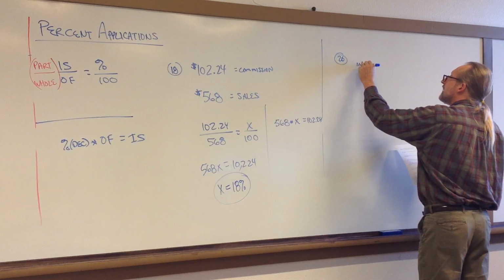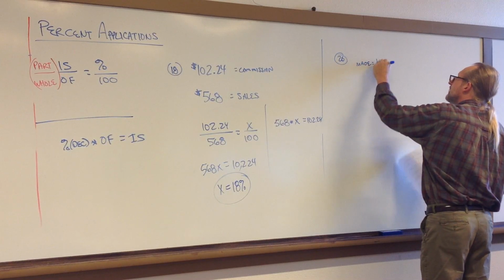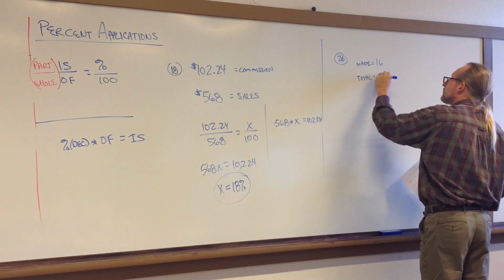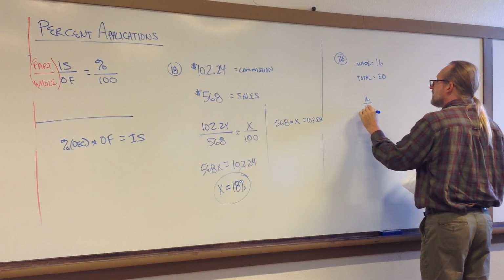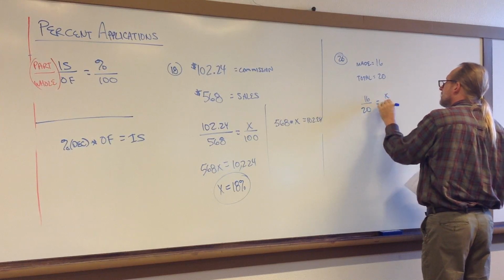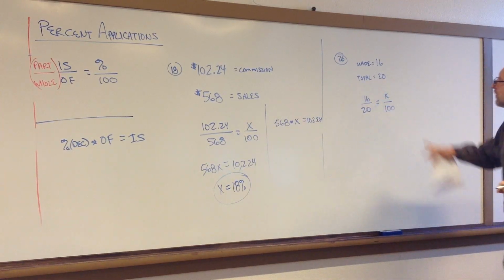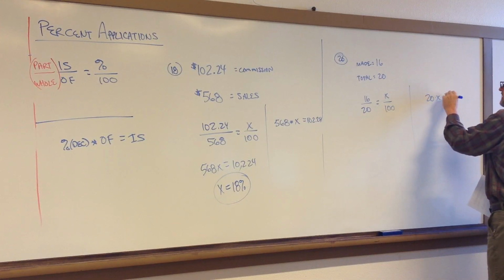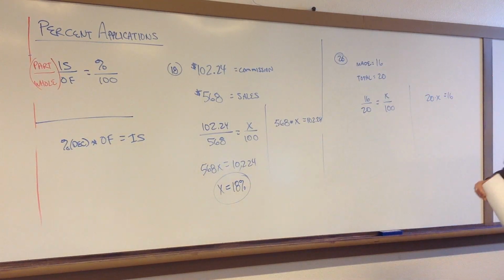Because they made 16 free throws. The total number of free throws was 20, so 16 is the is, 20 is the of. We're looking for the percentage, all right? Or we could say 20 times x would be 16.